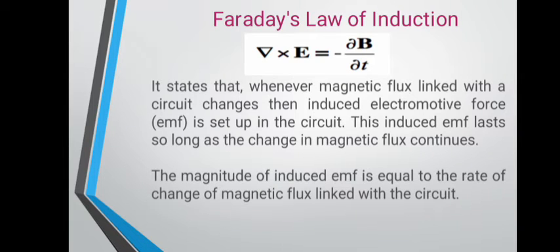The third law is Faraday's law of induction. Del cross E is equal to minus del B divided by del t. It states that whenever the magnetic flux linked with a circuit changes, an induced electromotive force EMF is set up in the circuit.